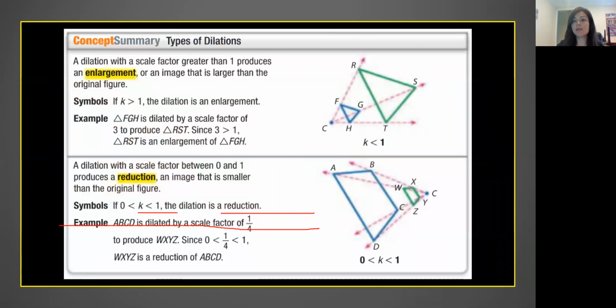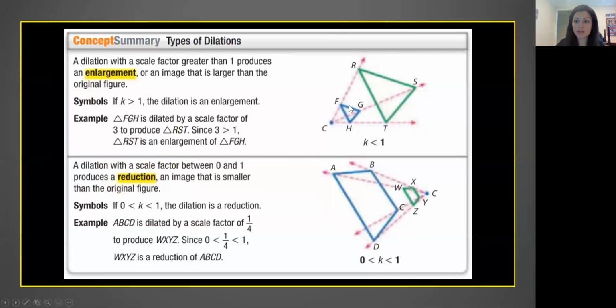Here we have an example of an enlargement. We're going from this blue triangle, and the green triangle is obviously larger. It says triangle FGH is dilated by a scale factor of 3 to produce triangle RST. Since 3 is greater than 1, triangle RST is an enlargement of triangle FGH.